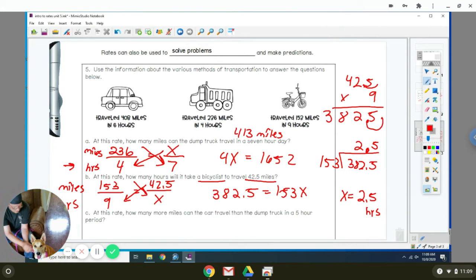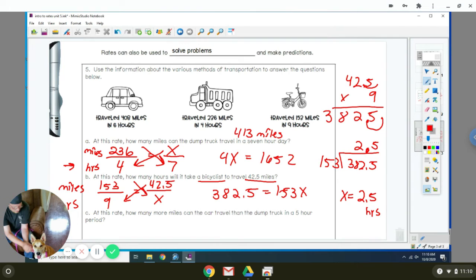Final one. At this rate, how many more miles can the car travel than the dump truck in a 5-hour period? So what we're going to do is figure out how many miles it'll take for the dump truck to go 5 hours, and then how many miles the car goes.